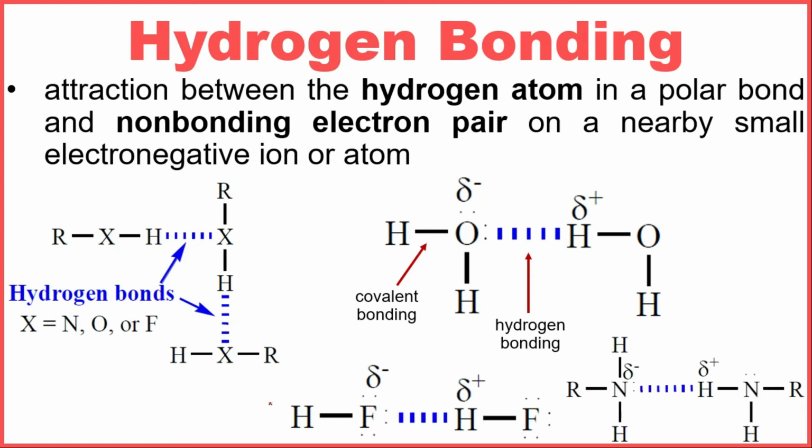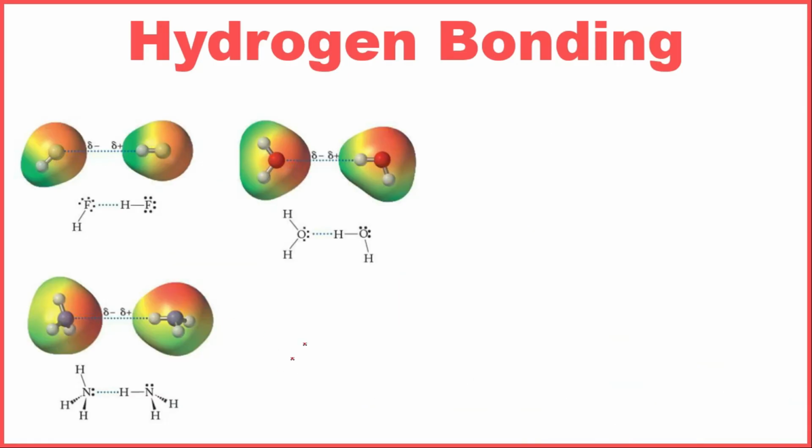Okay? So hydrogen bonding is an especially strong version of the dipole-dipole force that occurs in molecules which have nitrogen, oxygen, and fluorine bonds. The electronegativity difference between oxygen, nitrogen, and fluorine and hydrogen is so large that these bonds are very polar and the attractions between the opposite partial charges are very strong.